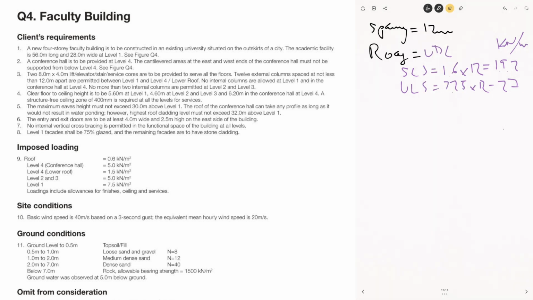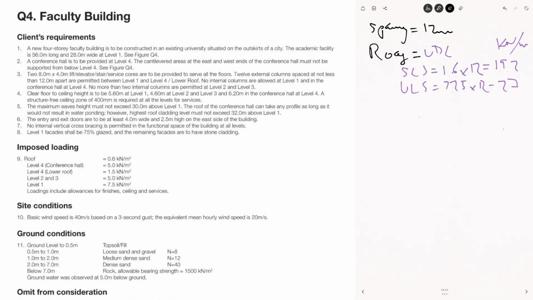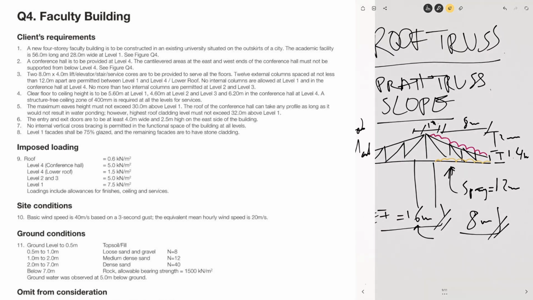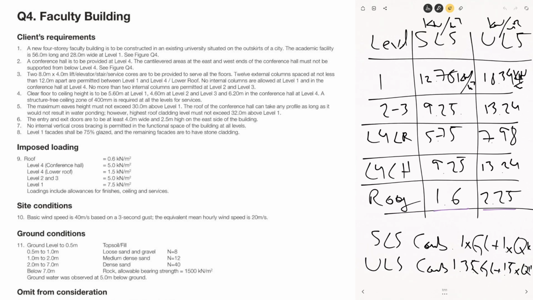And then if we go to, it's not the roof now, it's the level 4 conference hall level, and we go back to calculating our UDL. Starting with SLS, what's the value? 9.25 and 13.24.